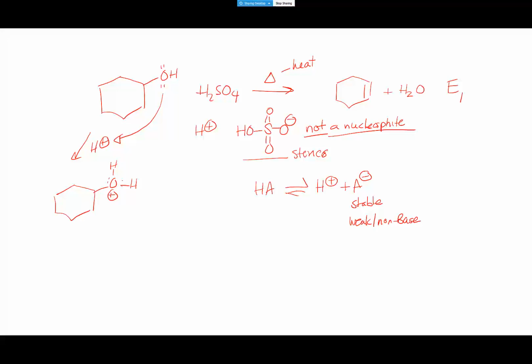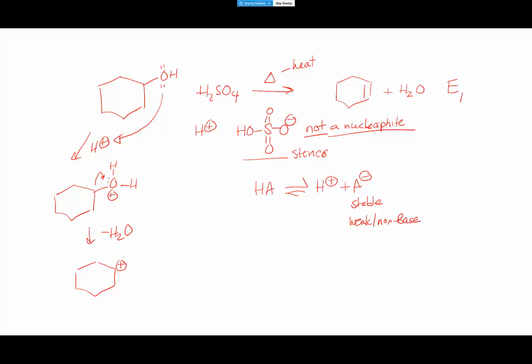Since this is a secondary carbon attached to the water molecule, or what's going to become a water molecule, or sometimes people call it an incipient water molecule, which I think just means it's going to become a water molecule. Then I'm just going to break the carbon-oxygen bond. I'm going to lose my H2O and form my carbocation.